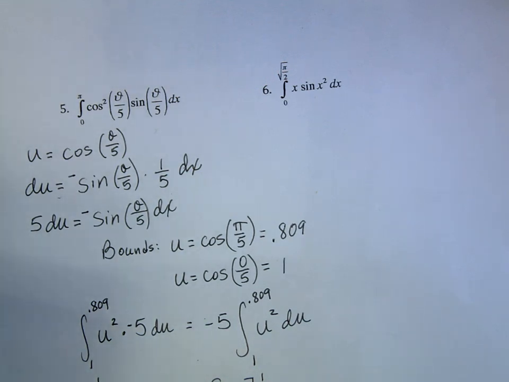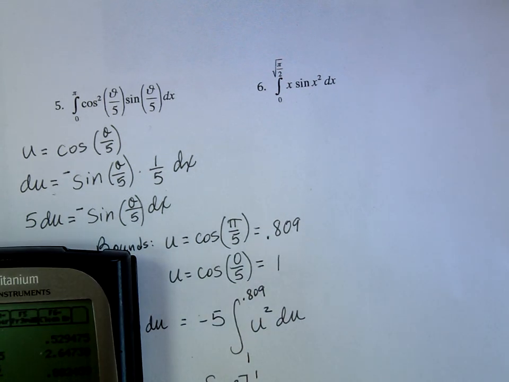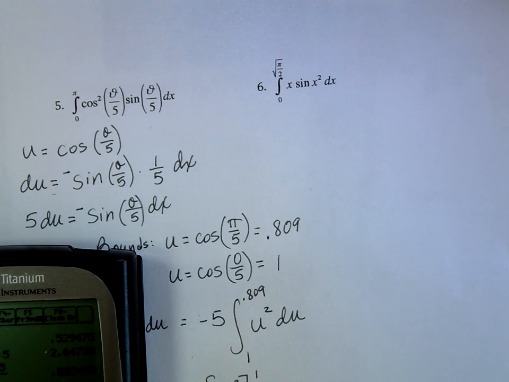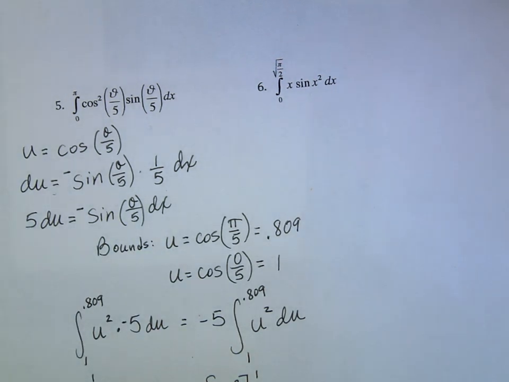I have 1 minus 0.809 cubed, and then that is times 5/3. So times 5 divided by 3. And that gives me an answer of 0.785. And that's my final answer for that guy.